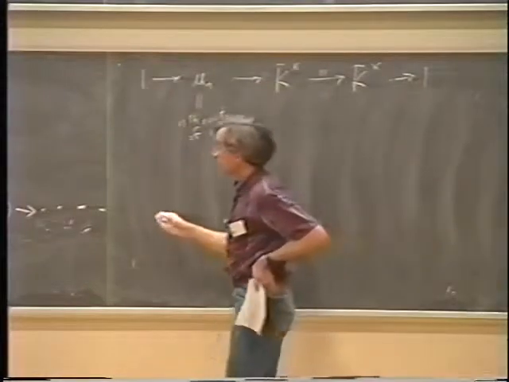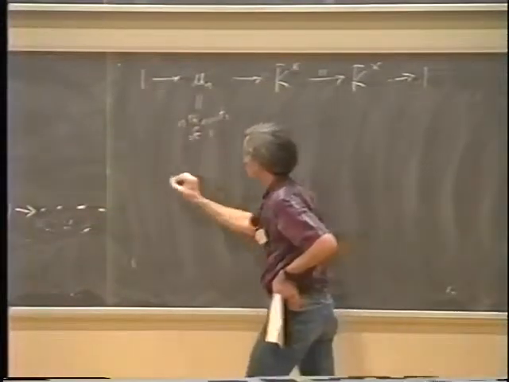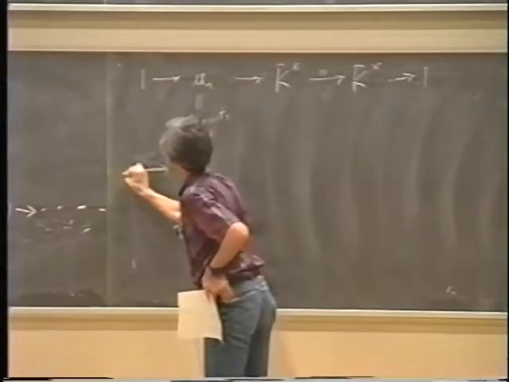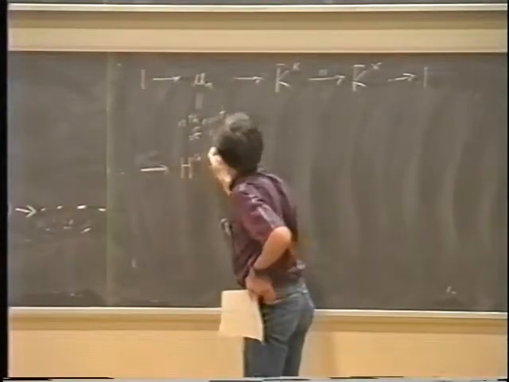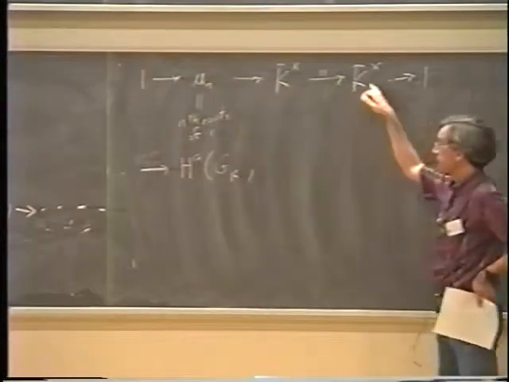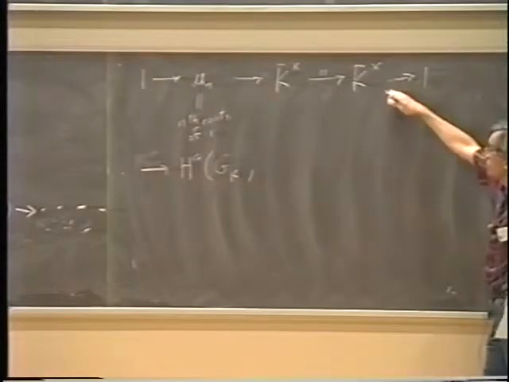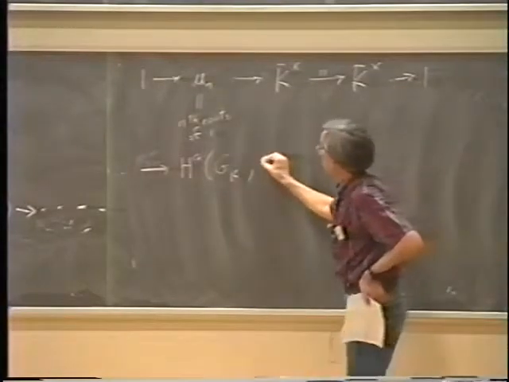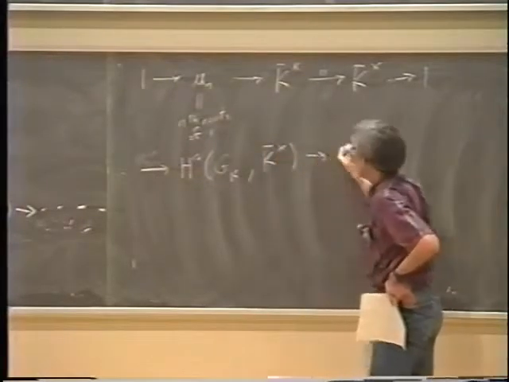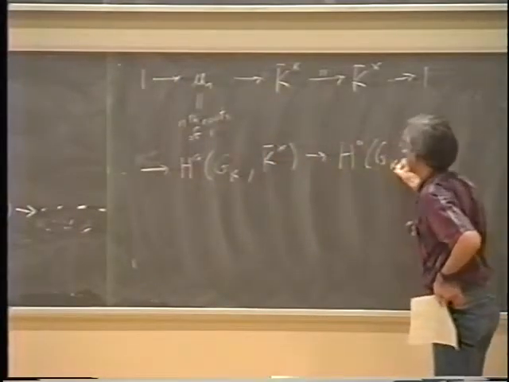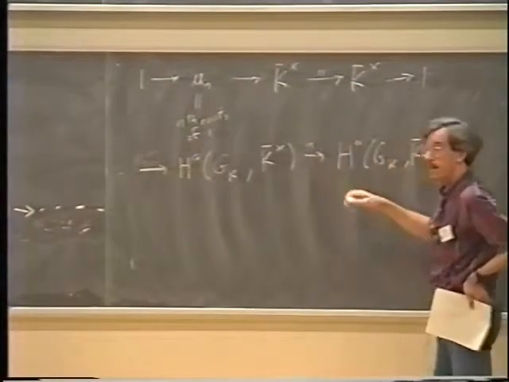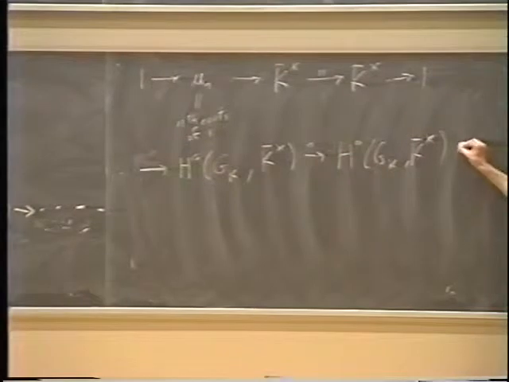Okay, let's write down the cohomology sequence. Let's say G is going to be GK. So the cohomology sequence has H0 of GK. I mean, all these things have the Galois group of k bar over k acting on them. So we get k bar cross to H0 GK k bar cross. And this will just be the nth power map. You just look at how H0s are defined. It has to be that.